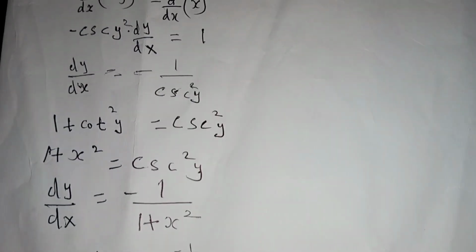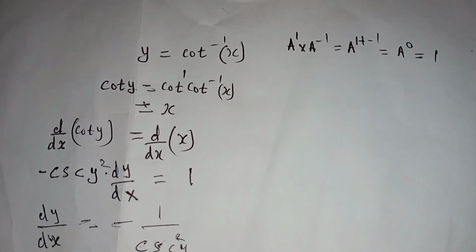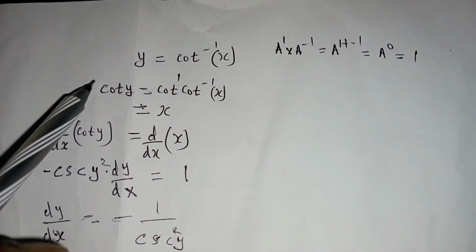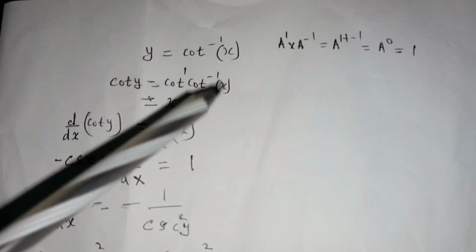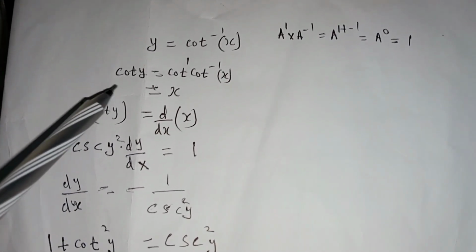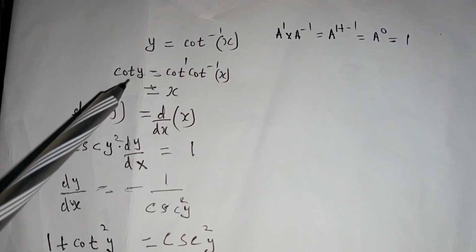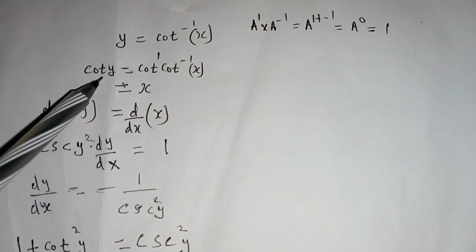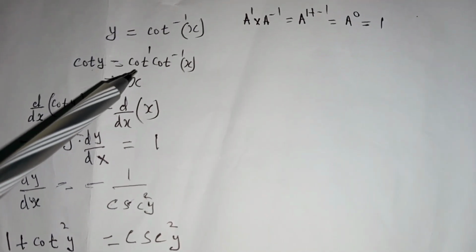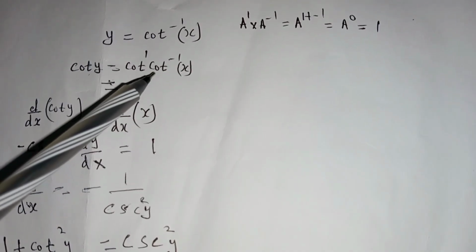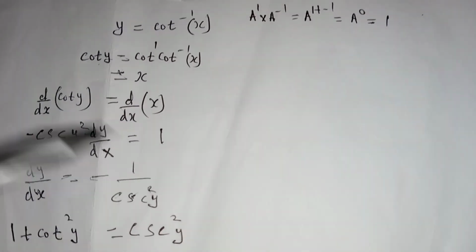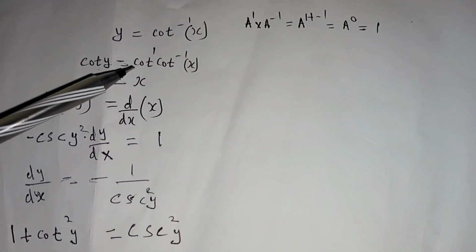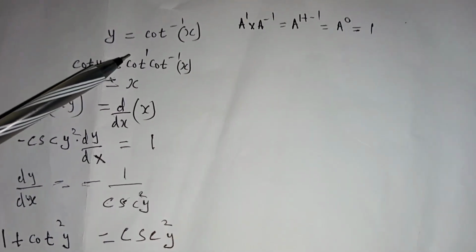So the recap of what we have done here, you are going to obtain the derivative of cot inverse of x. So the first step, you multiply both sides by cot. So to the left, you have cot y, which is equal to cot multiplied by cot inverse of x. And you make use of this law of indices, which states that when the bases are the same, you can add the index.